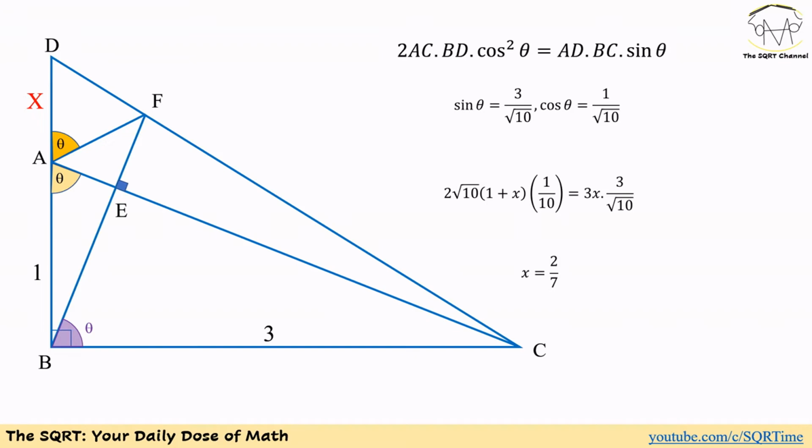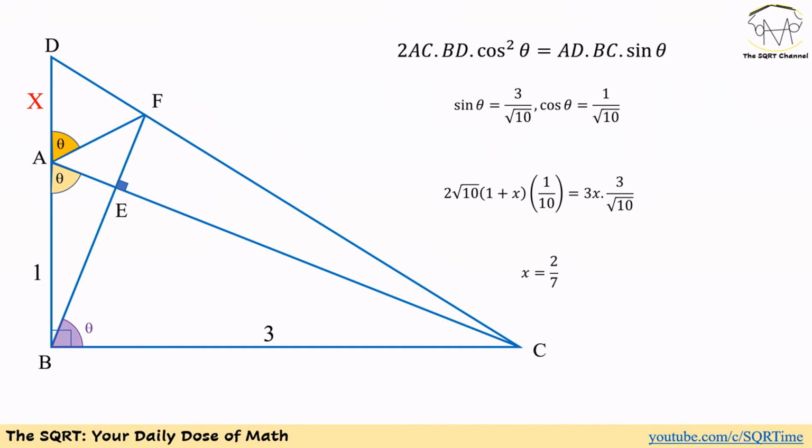In the triangle that we have here as ABC, AB is equal to 1 and BC is equal to 3. Then AC is going to be the square root of 3 to the power of 2 plus 1 to the power of 2. So AC is equal to the square root of 10. Then sine of theta is going to be 3 over the square root of 10. And cosine of theta is going to be 1 over the square root of 10.